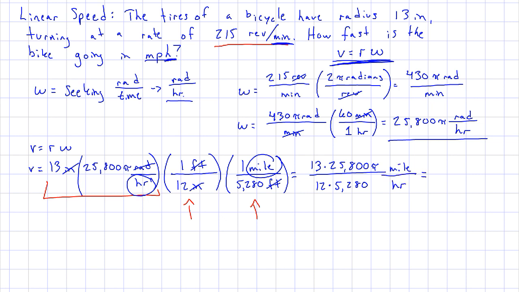When I multiply all of this out and do my decimal approximation of pi, I might end up with 16.63 miles per hour. And that is how we solve this word problem to get the linear speed of this bicycle.